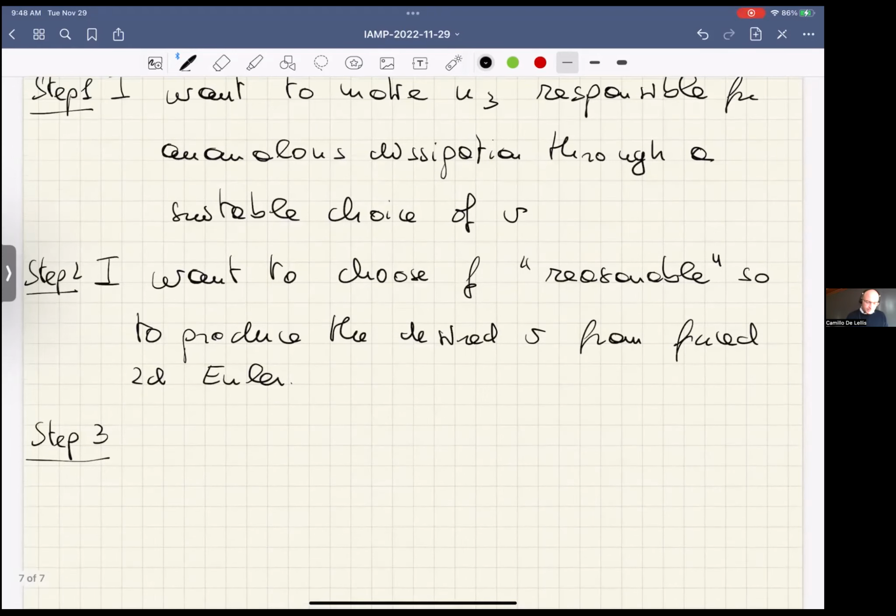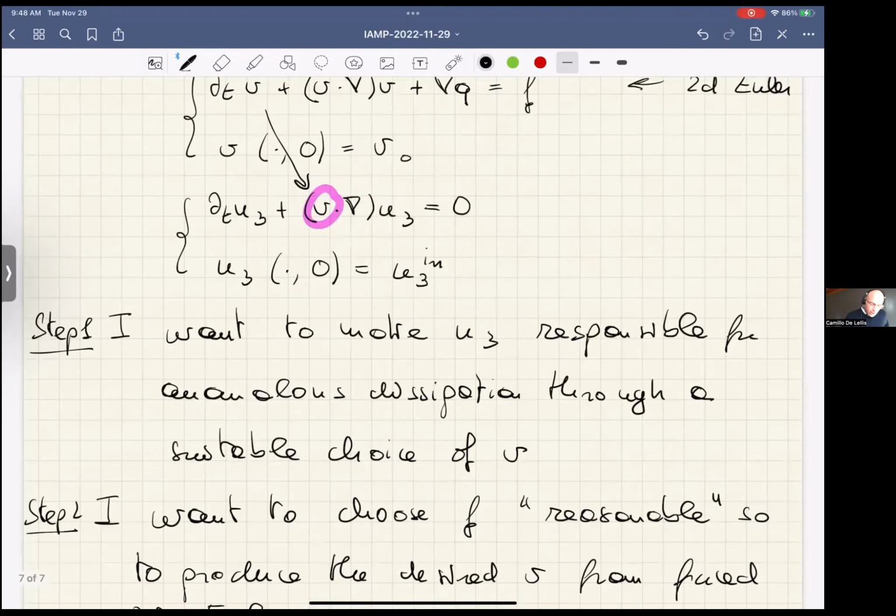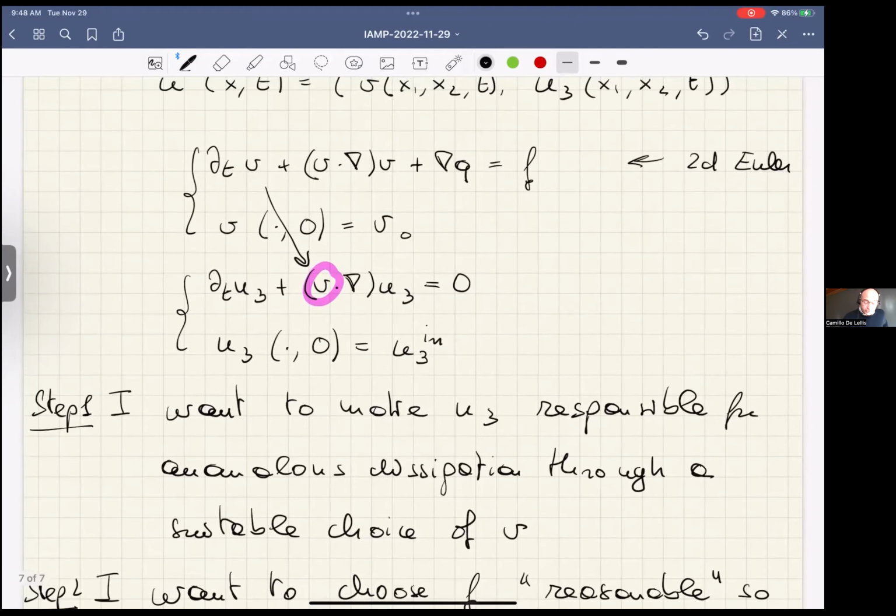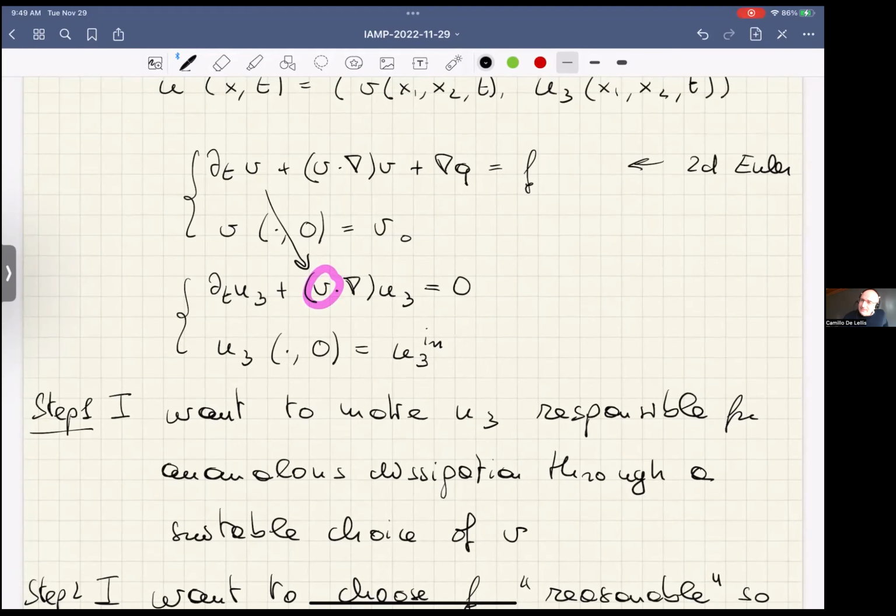On the other hand, because the object which actually creates problems is U3, I am in a slightly better situation, because really for U3, what I'm looking at is a sequence of solutions of advection diffusion equations, in which the vector field responsible for the advection is not that nicely behaved in the limit. But on the other hand, this equation now is essentially linear if I just think of V as something which you're going to give to me.